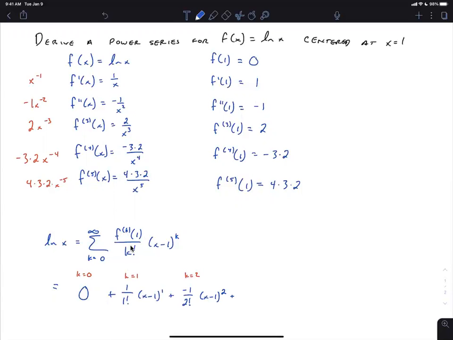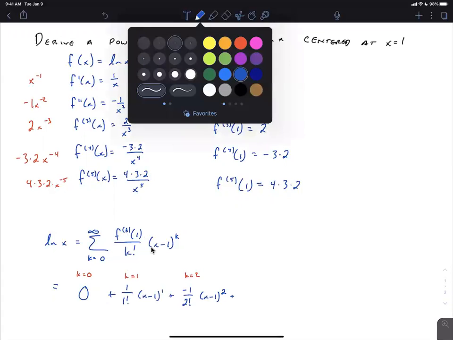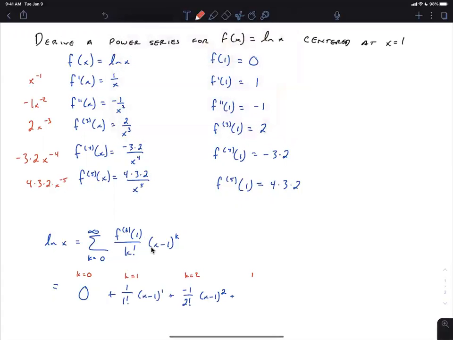We're just plugging in 2 for all these. Now we're going to plug in k equals 3, k equals 4. And again, you don't have to label these, just sometimes it's easier to think through what we're doing if we have that. So k equals 3 means third derivative at 1. That's off the list. That's 2 over 3 factorial, x minus 1 to the third.